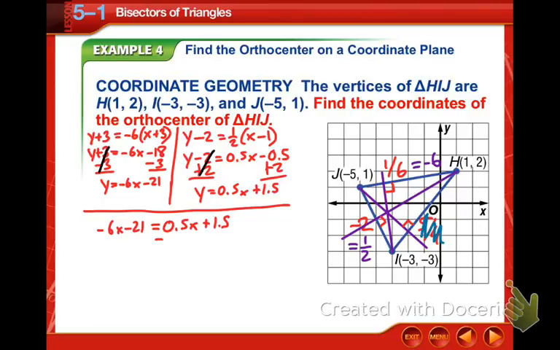So, first thing we're going to do is subtract 0.5x from both sides. Negative 6x minus 0.5x is negative 6.5x minus 21 equal to 1.5. We're going to add 21 to both sides.